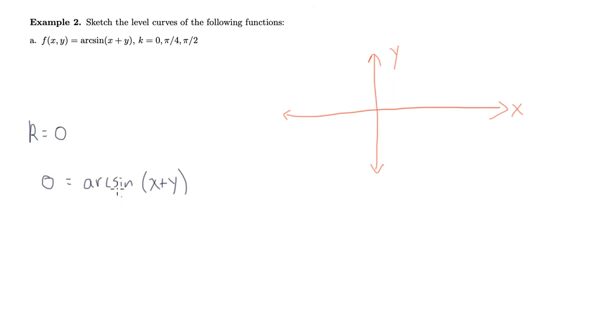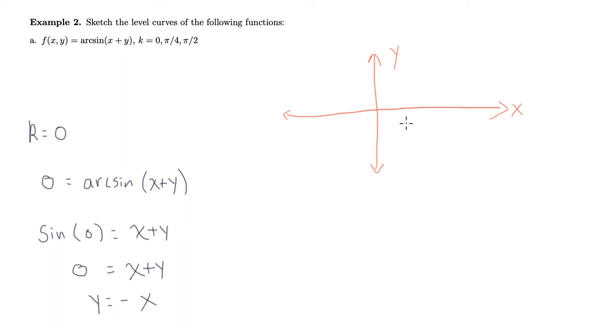So notice that I can take the sine of both sides. Arc sine is the inverse of sine. So I have sine of 0 is equal to x plus y, but sine of 0 is 0. So I have 0 is equal to x plus y. If I solve for y, this is y is equal to negative x.